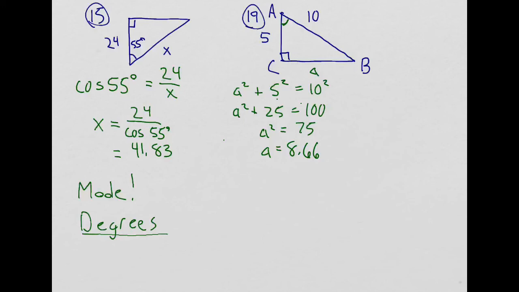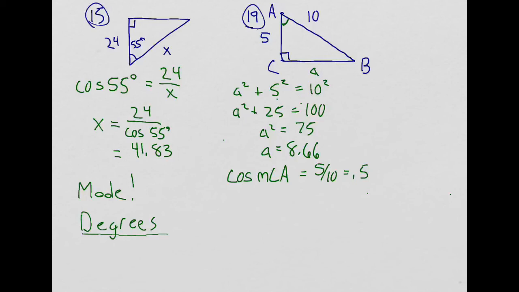So let me write that out. The cosine of the measurement of angle A, which is what I'm trying to find, is 5 over 10, or 0.5. All right. So I have to solve for the measurement of angle A, which means I have to do an inverse trig function.